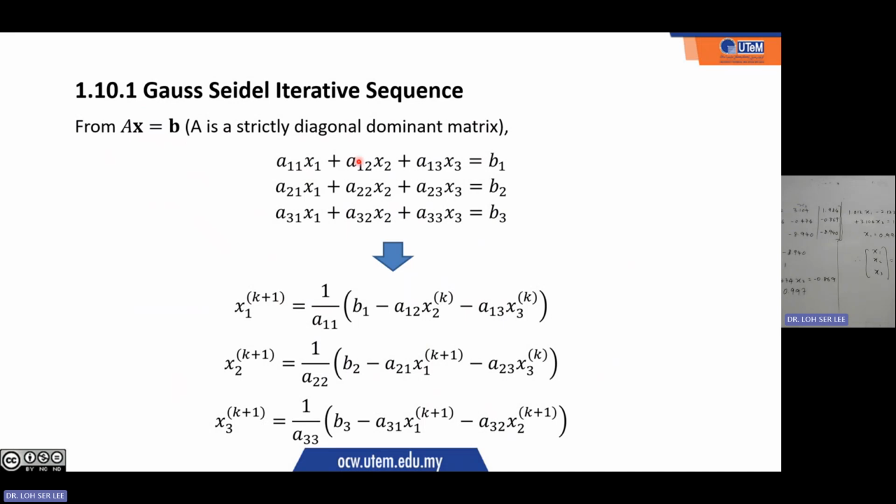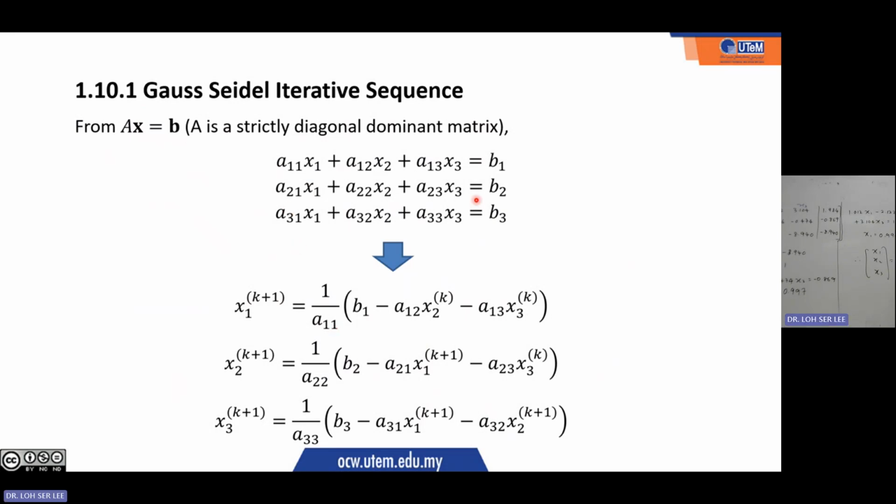So we have b1 minus this, and then everything is divided by a11. That's why you have 1 over a11.